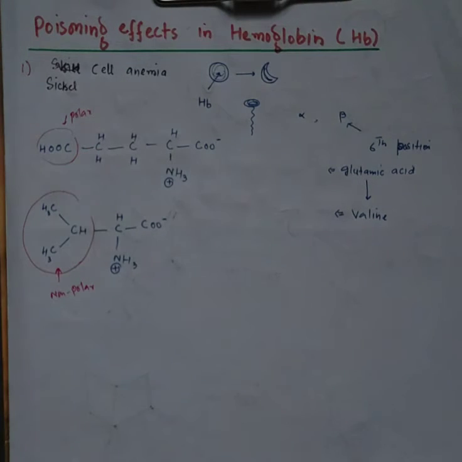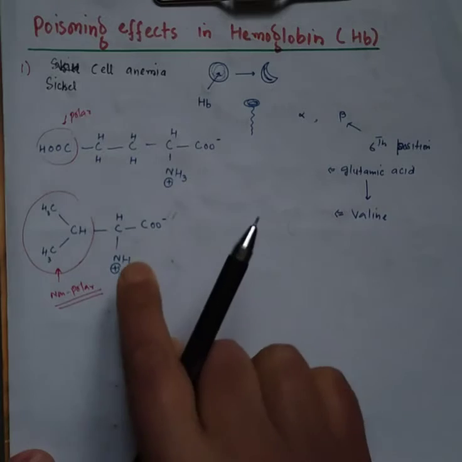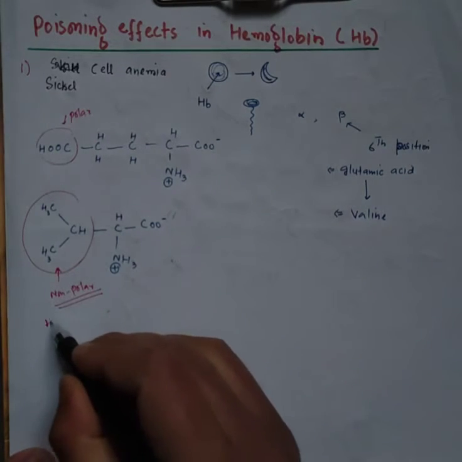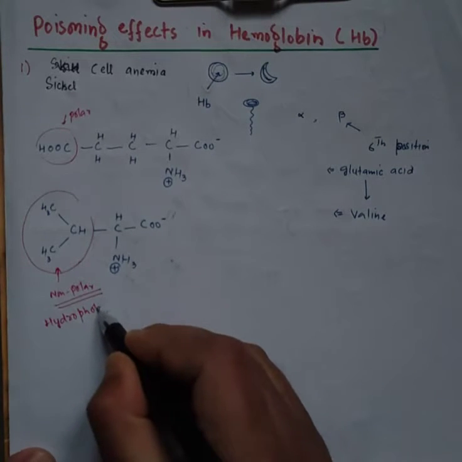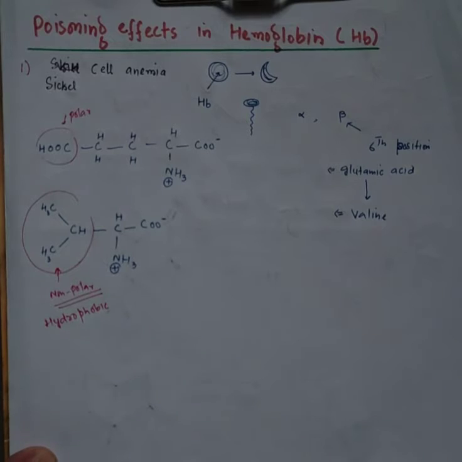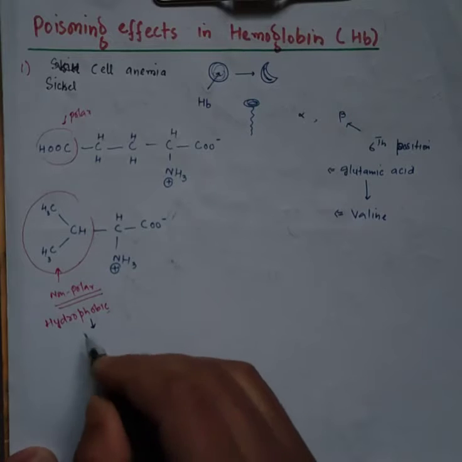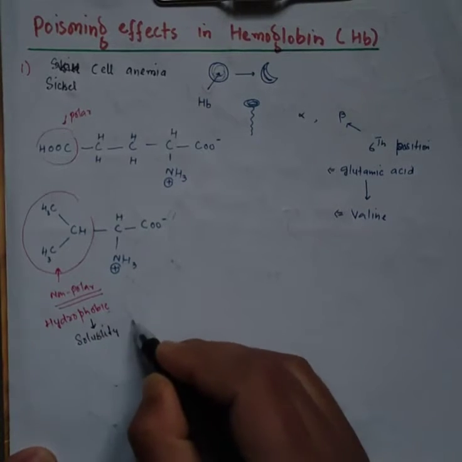Because of this non-polar, hydrophobic nature of valine, the whole protein, since it has hydrophobic character, is not soluble in water. As a result, the solubility of the whole hemoglobin reduces.